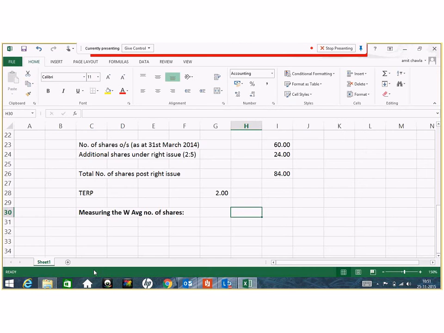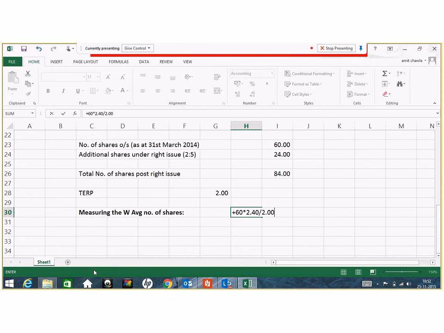This will be opening shares of 60, so they would be adjusted for the TERP adjustment like this, that is 2.4 into 2. That is basically the purpose, to identify the equivalent number of shares outstanding for the purposes of the bonus component within the rights issue.